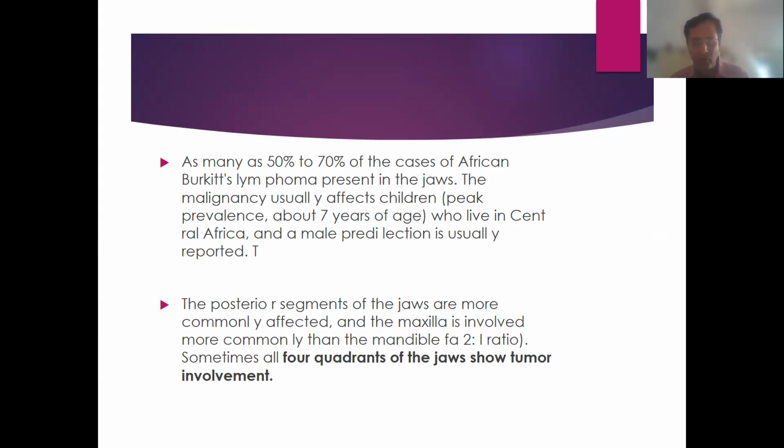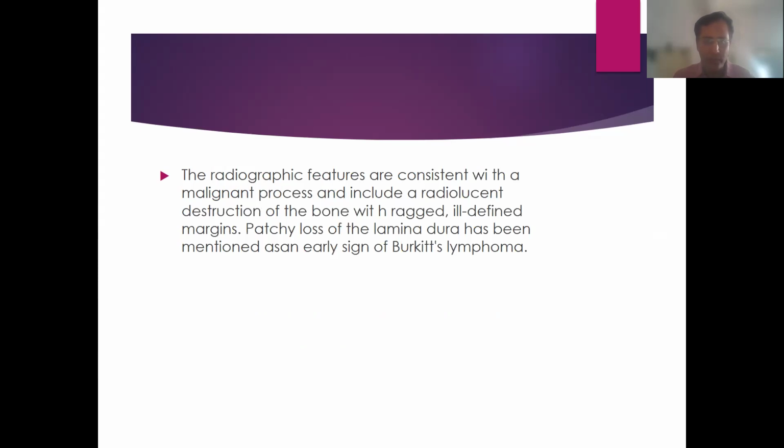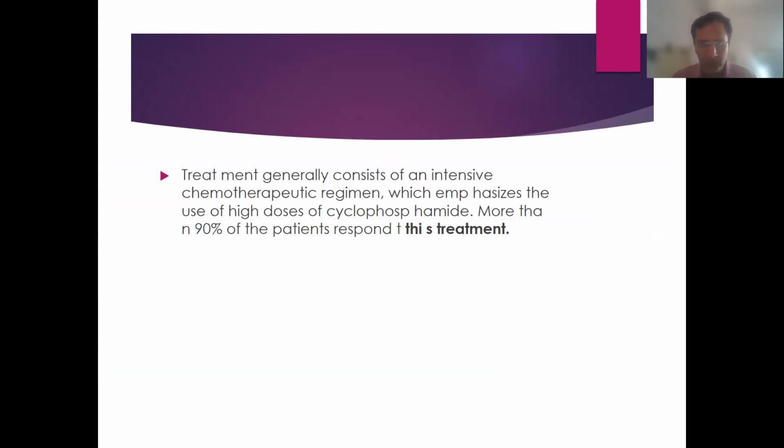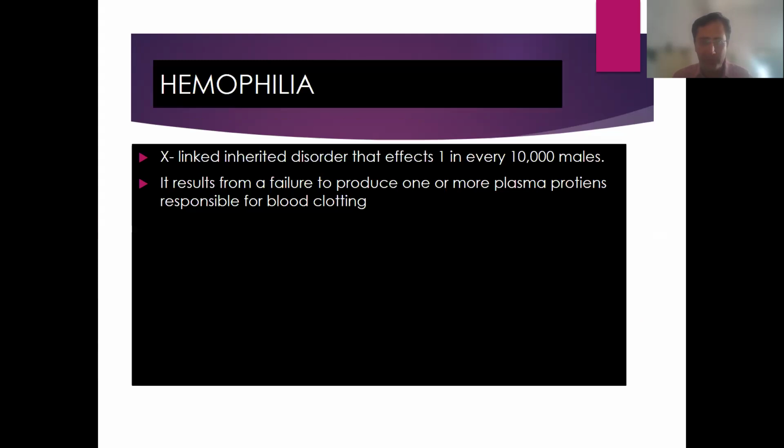The posterior segment of the jaw, maxilla or mandible, is affected, and sometimes all four quadrants of the jaw. Radiographic features of the malignant process are ill-defined margins and patchy bone loss. You see this picture. Burkitt lymphoma shows a starry-sky appearance. The treatment is a chemotherapeutic regimen with cyclophosphamide, with response in more than 90% of patients.